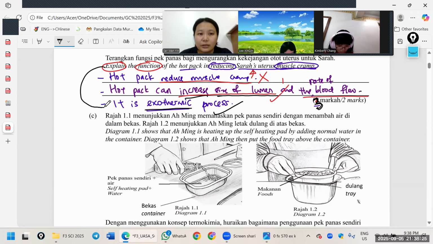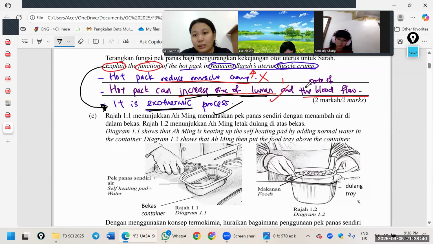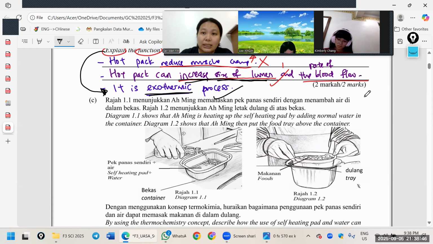Explain the name, then the function, so for 2 marks that is one name and one function. Of course, you can write these 2 and one more. If this is 3 marks, then you'll get 3.